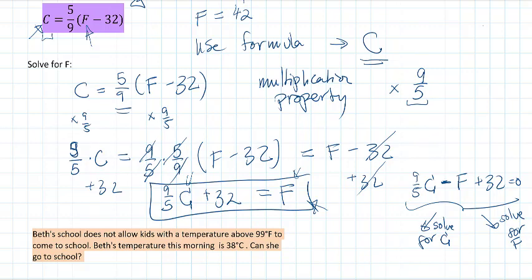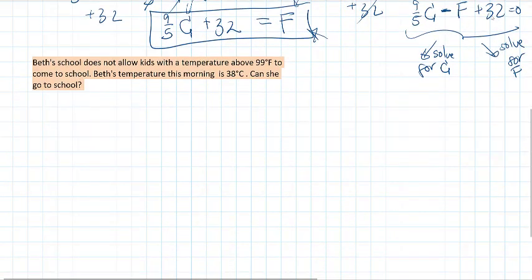Here below is an example of a problem that will use this formula for its solution. The question is: Beth's school does not allow kids with a temperature above 99 degrees Fahrenheit to come to school. Beth's temperature this morning is 38 degrees Celsius.